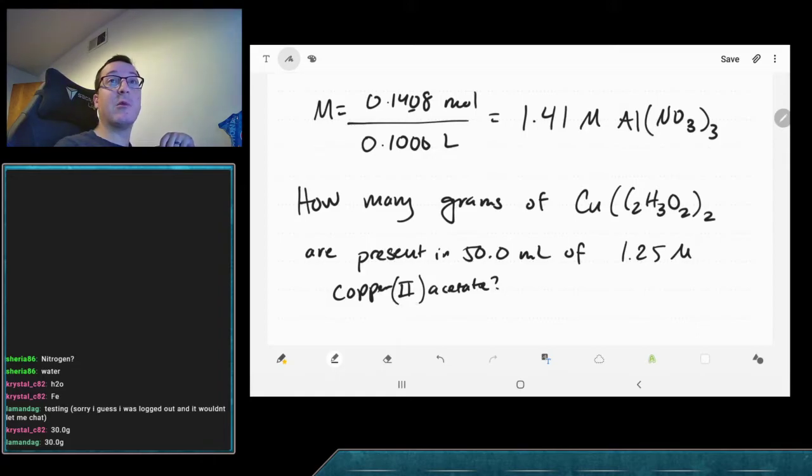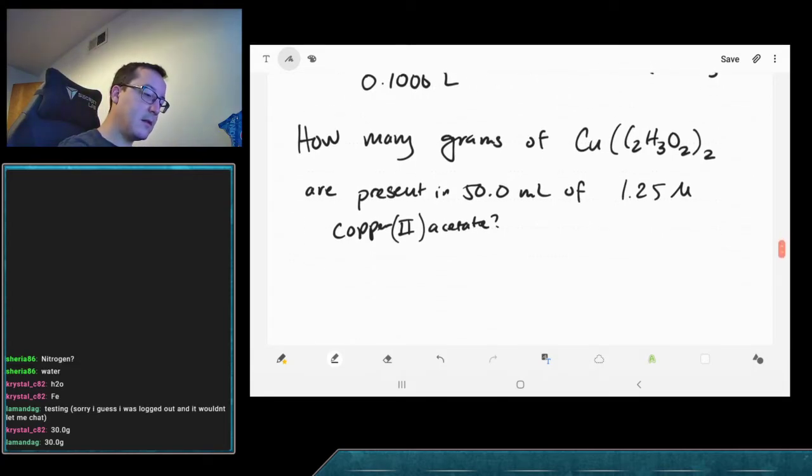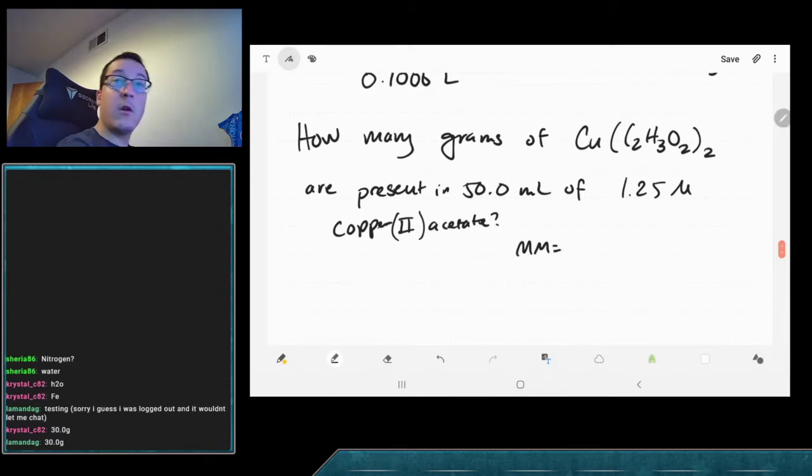I'm going to look up the molar mass for that. I don't know why I keep coming up with compounds that have nasty molar masses to calculate. Okay, here it is. The molar mass is 181.63.